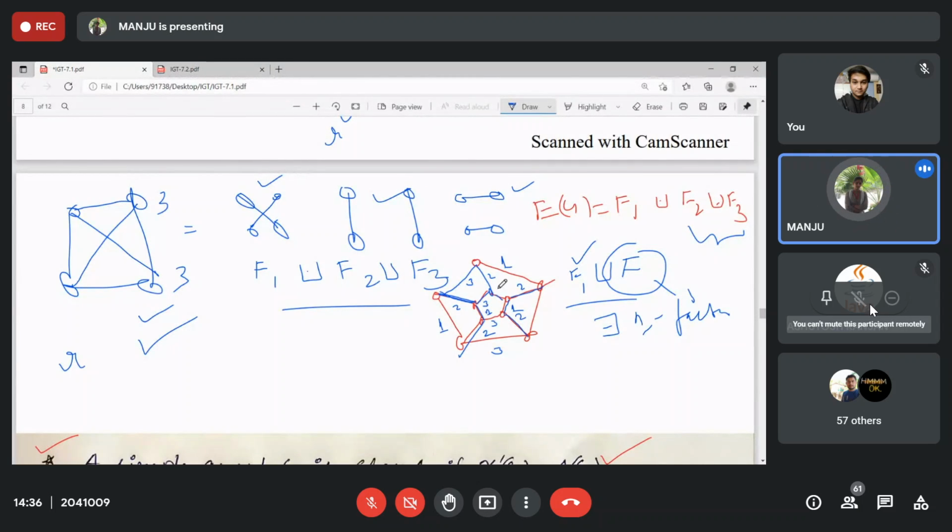Here we can use 3. Now here, can we use 2? No. Can we use 1? No. Can we use 3? No, this is adjacent. So, does there exist any 3 coloring possible?